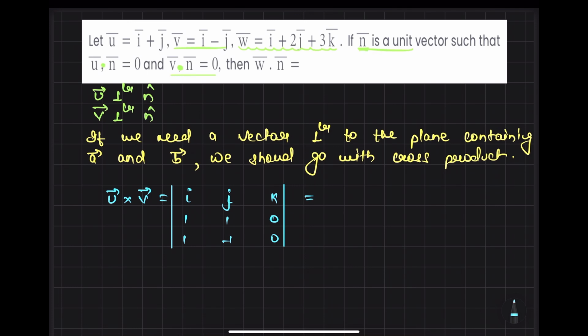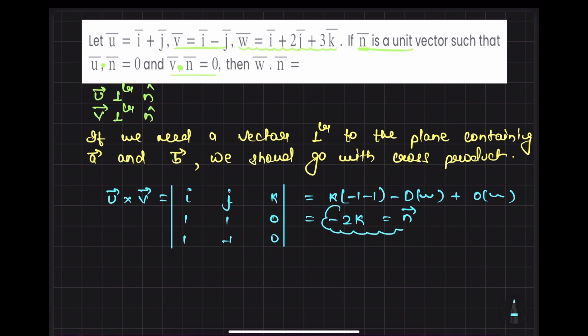So the expansion will become what? I'll open this determinant along this column. First we'll start with k. So k will produce minus 1, minus 1, and then minus 0 times anything is 0, plus 0 times anything is 0. So it is minus of 2k. So hopefully this is vector n.